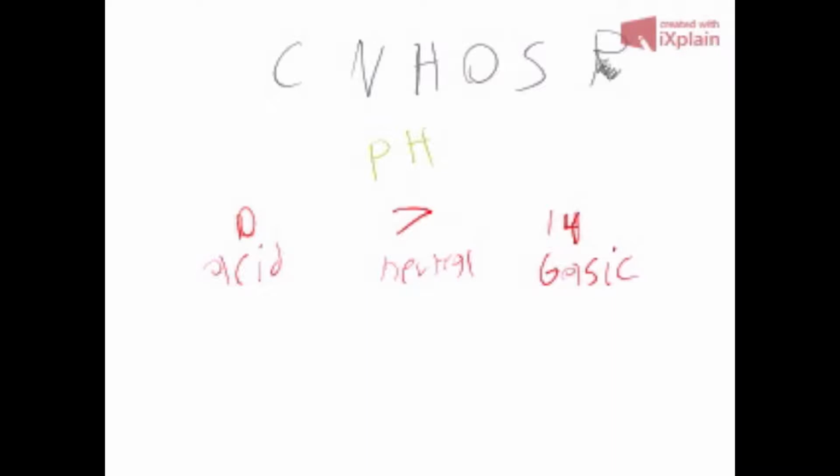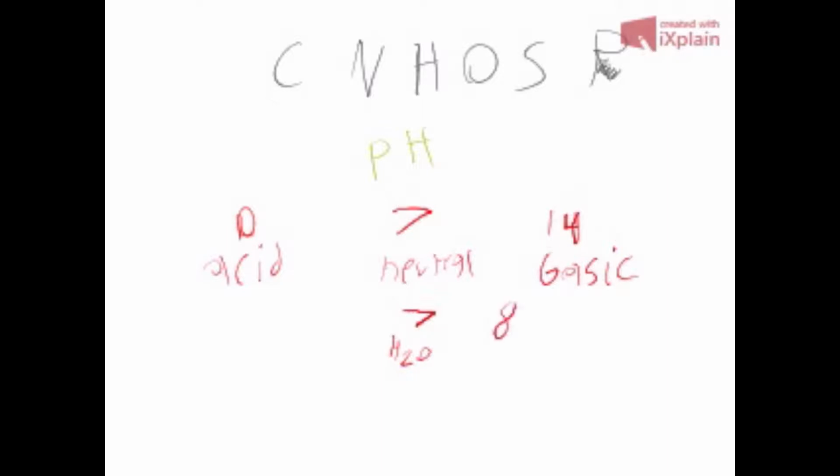Now, what you need to know for the test, well, it doesn't ask you specifically what a logarithmic scale is, but just so you guys know what it is, I'm going to explain it right now. So let's say you have a substance that is pH 7, like water, H2O, and you go with a substance like pH 8.